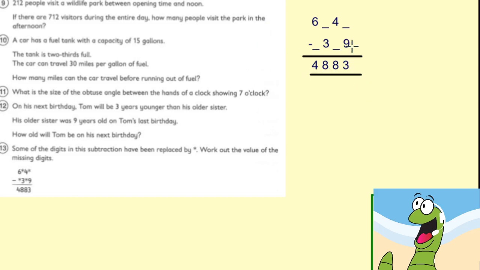Okay, so let's have a look. The top missing number in the units column must have been a 2 initially, because once a 10 is borrowed, this becomes 12. So that's going to be a 2. I'll write that in there. The 4 in the tens column will become 3 once it's borrowed.